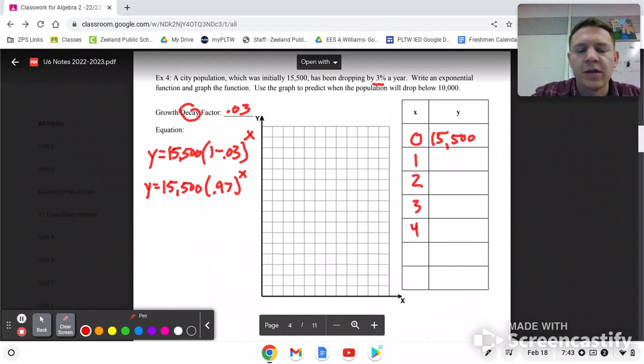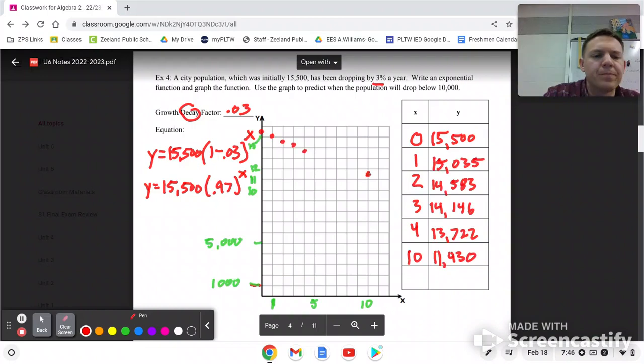I'm going to plug it into my calculator and get some numbers real quick. So there are my points. I labeled my axes as well, and then graphed the points. It's kind of a straight line because this is depreciating so slowly. But if I draw the curve, I'm going to get an exponential that looks like this, which is great.